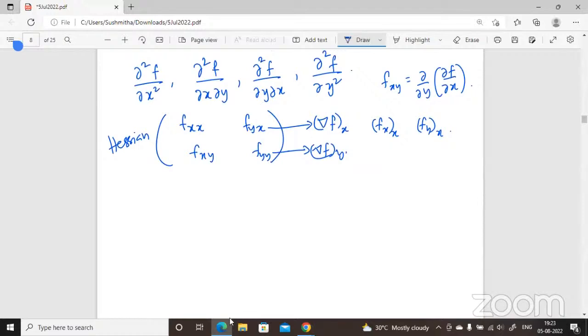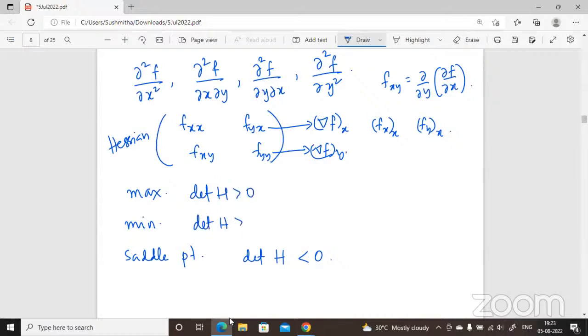What do you do with the Hessian matrix? When do you tell it is a local maxima, local minima, or a saddle point? If the determinant is less than 0, it is a saddle point. If the determinant is greater than 0, only then we have to check whether it is maxima or minima.